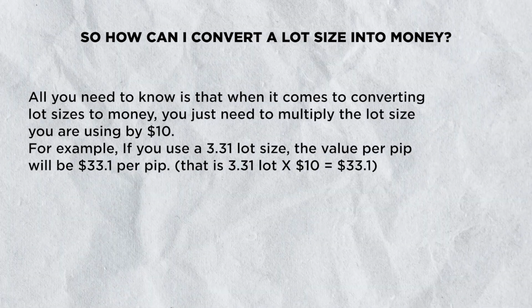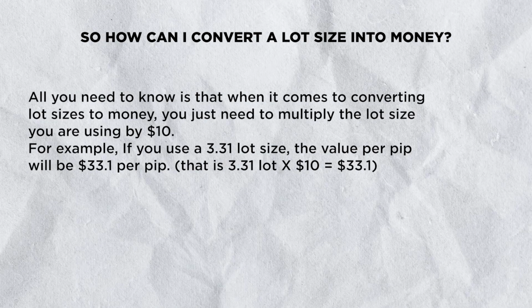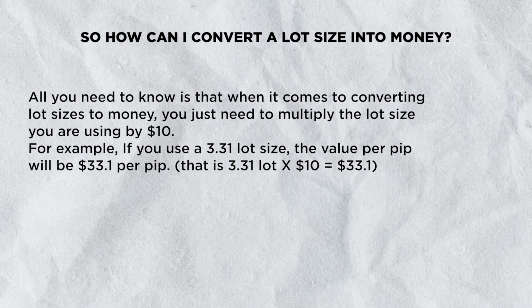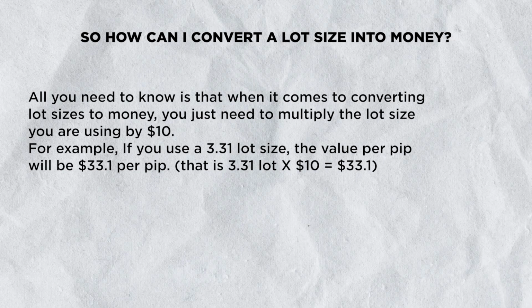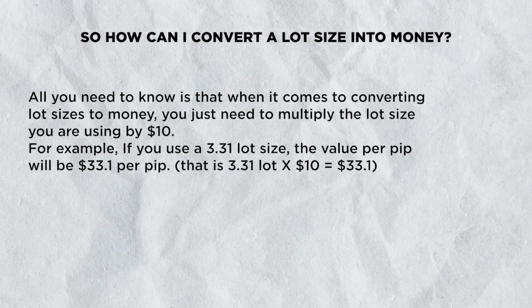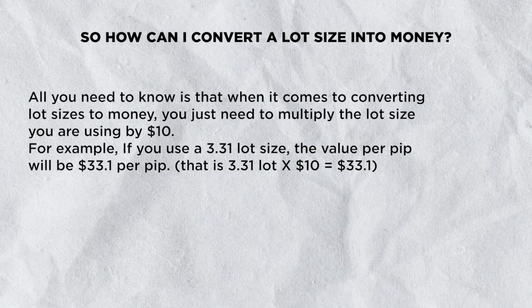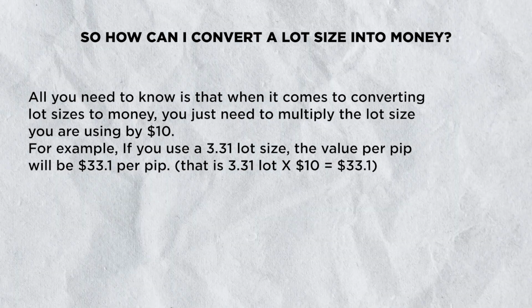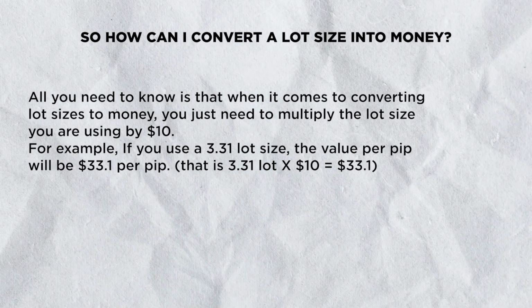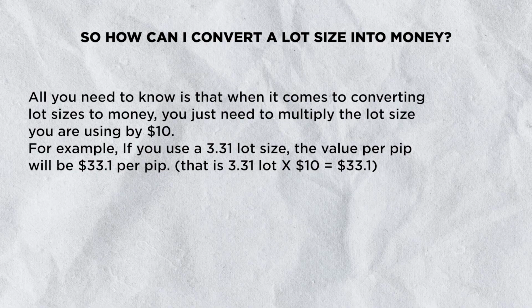All you need to know is that when it comes to converting lot sizes to money, you just need to multiply the lot size you are using by $10. For example, if you use a 3.31 lot size, the value per pip will be 33.1 per pip. That is 3.31 lot x $10 equals 33.1.